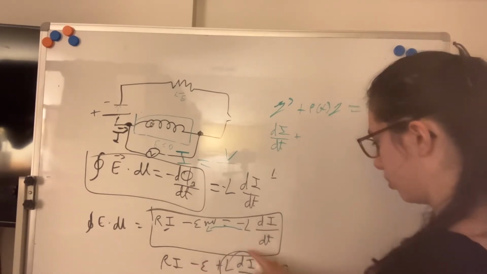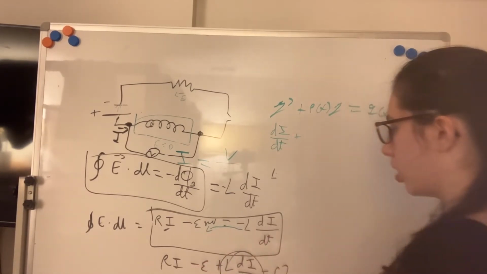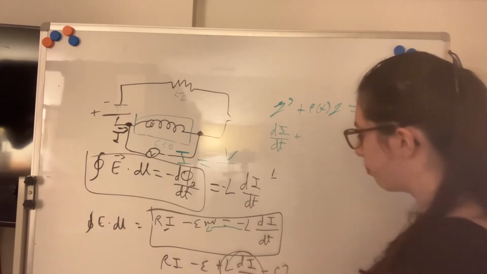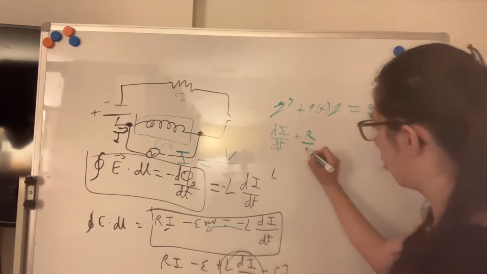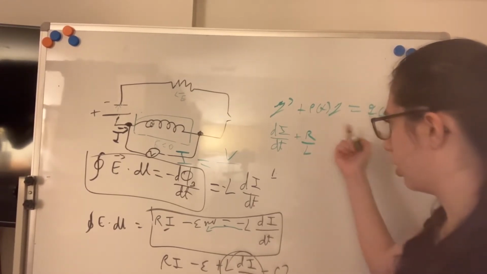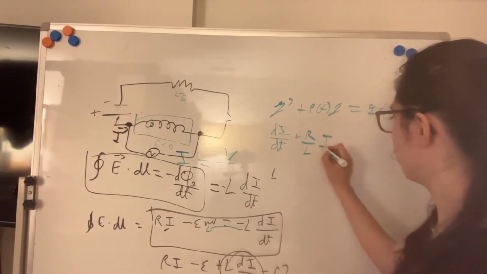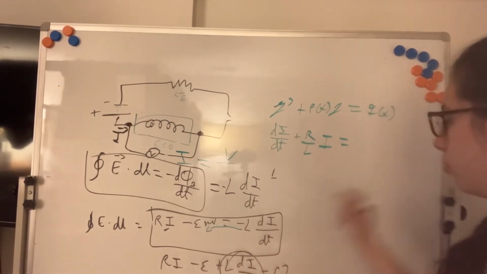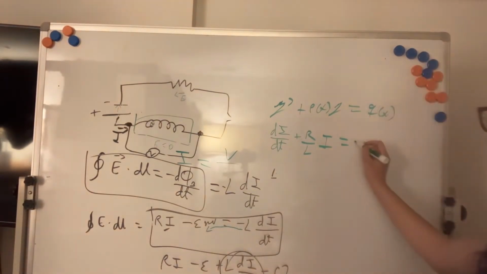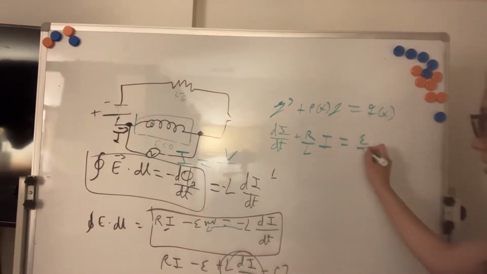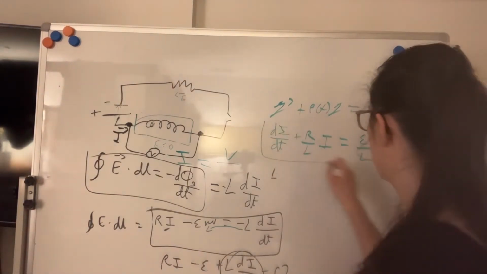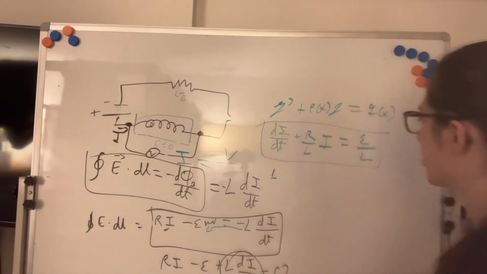We want this term to be alone, the di/dt, so we will divide everything by L. So here we have R over L, and my y is I. And this is equal to the voltage, or the EMF, divided by L. And this is now a first order differential equation.